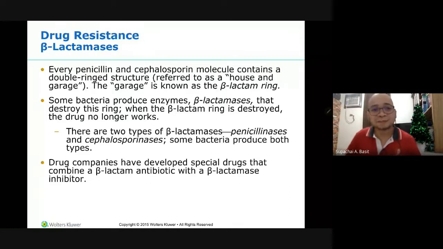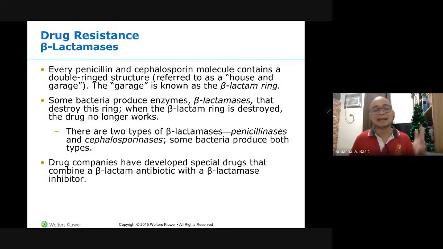So the beta-lactam ring is the heart of the antibiotics. Which means that if these beta-lactam rings are destroyed, it will make the antibiotics useless. However, some bacteria would be able to produce an enzyme called beta-lactamases. So beta-lactamase will destroy this ring, and when the beta-lactam ring is destroyed, the drug no longer works. So this is a sad reality, no? The drug no longer works.